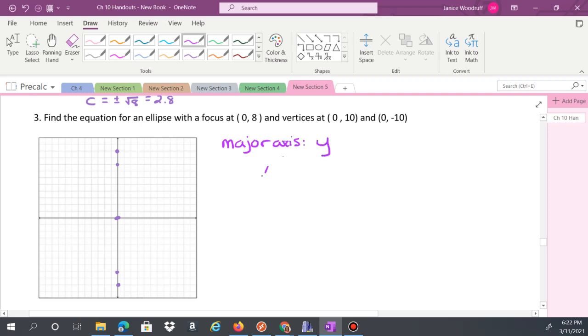Okay, which means I'm doing this equation here, x squared over b squared plus y squared over a squared equals 1. I have that a is 10. So this 10 equals a. I have that c is 8, because it gives me the 8 here. So I need to find b.